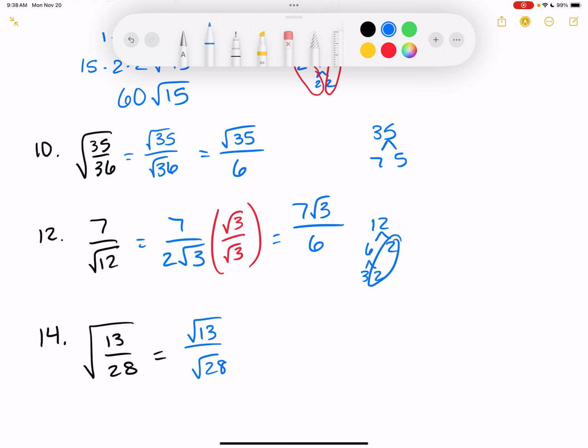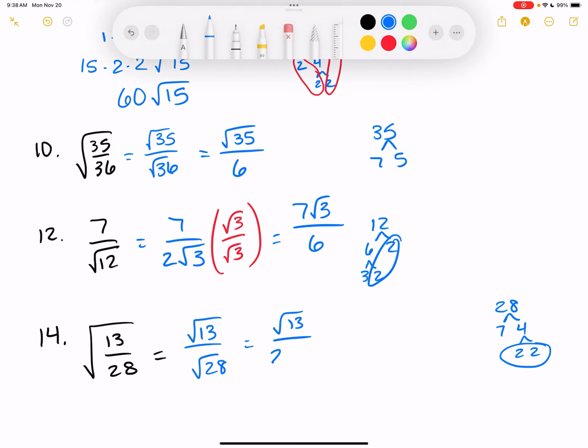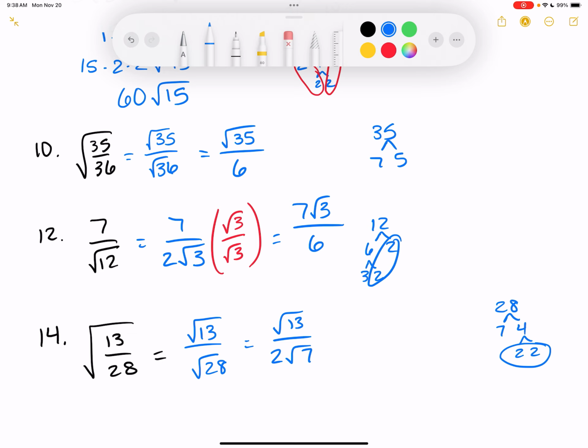Factor. Well, 13 is a common number, so factor 28. Yep, so square root of 13 is going to stay. So 28 is 7 and 4, which is then 2 and 2. So 2 square root of 7 on the bottom.